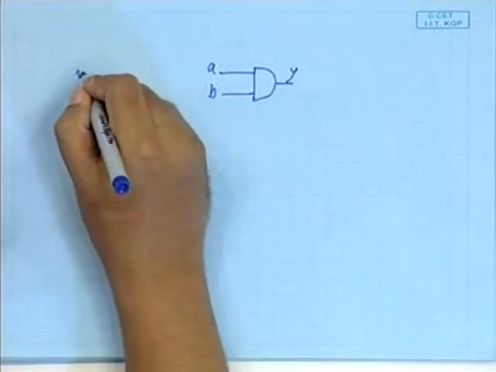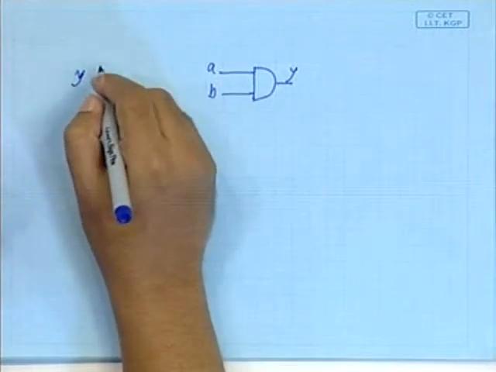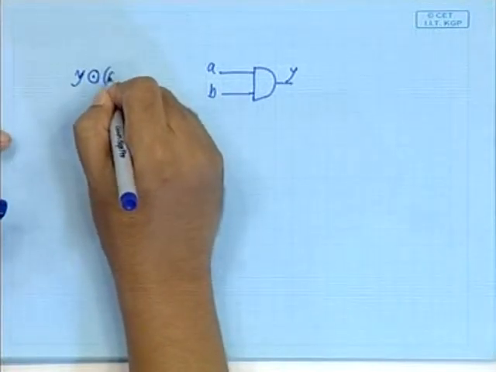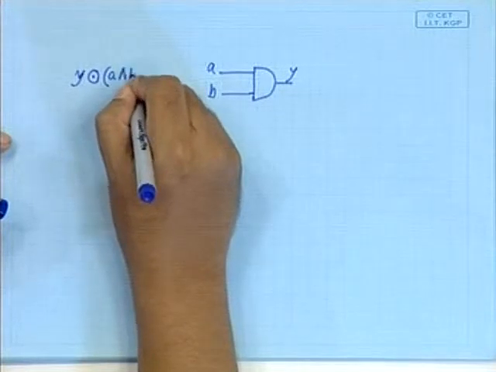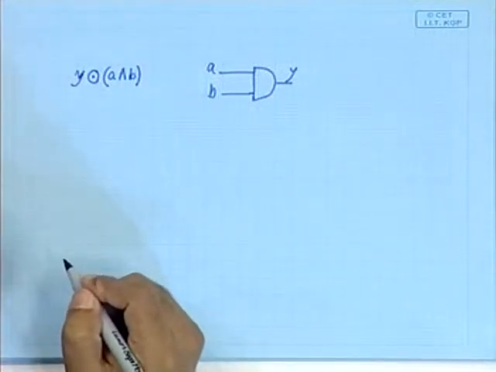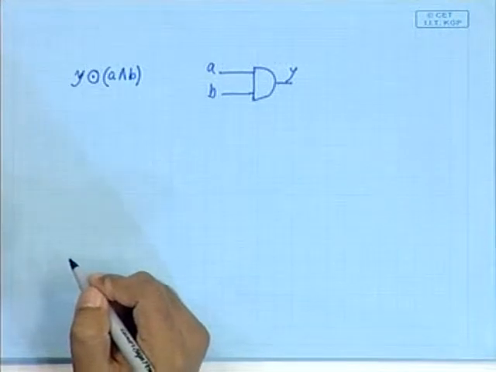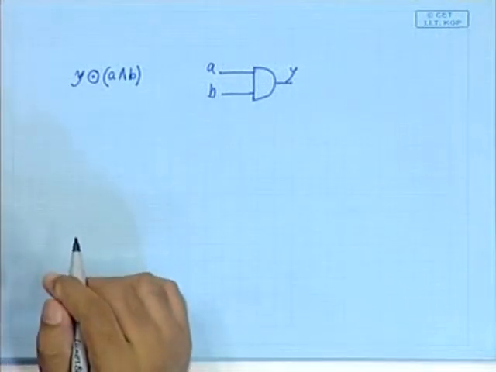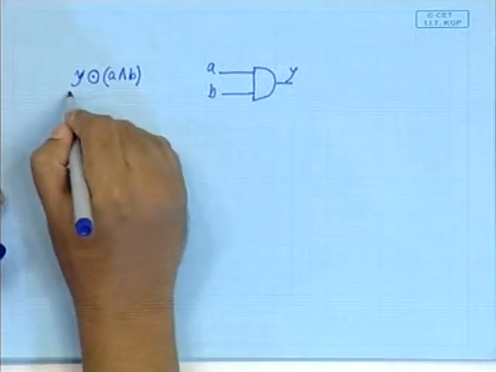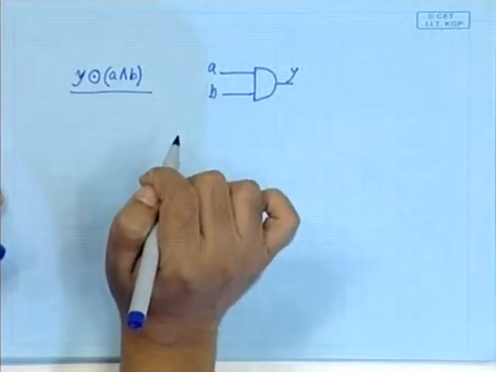So I am telling the SAT solver that y XNOR A and B is always true. Corresponding to this, I convert it into conjunctive normal form.